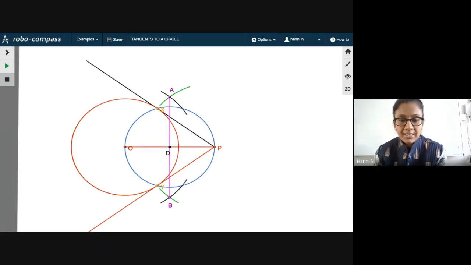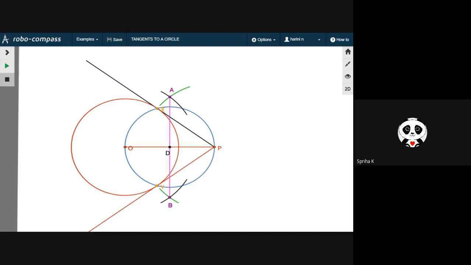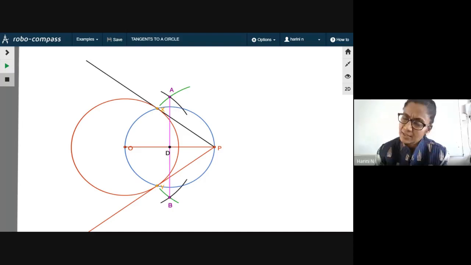With D as center and OD as radius, draw a circle intersecting the original circle at X and Y. Ma'am, can we also say the previous circle? Yeah, you can.